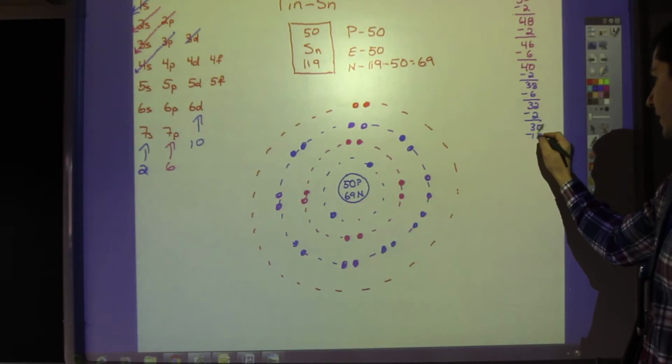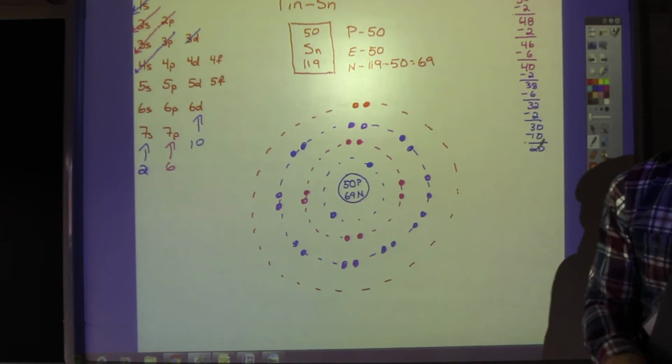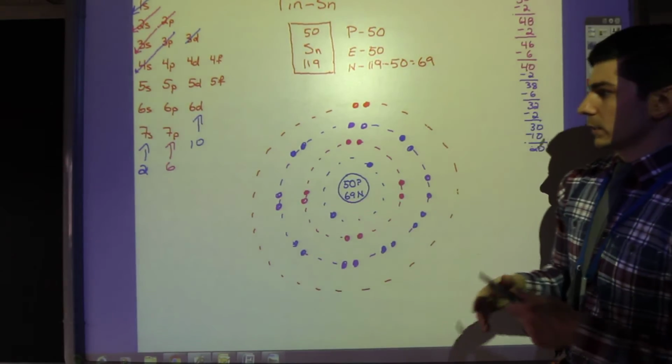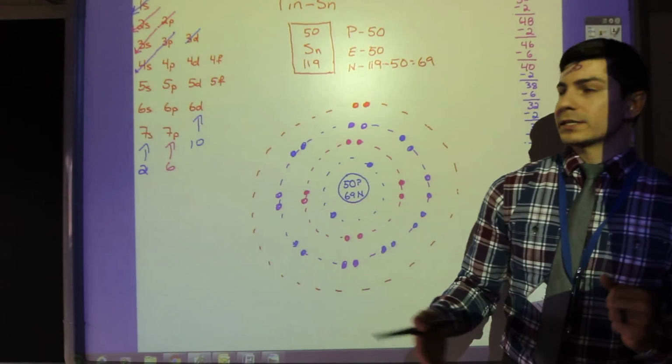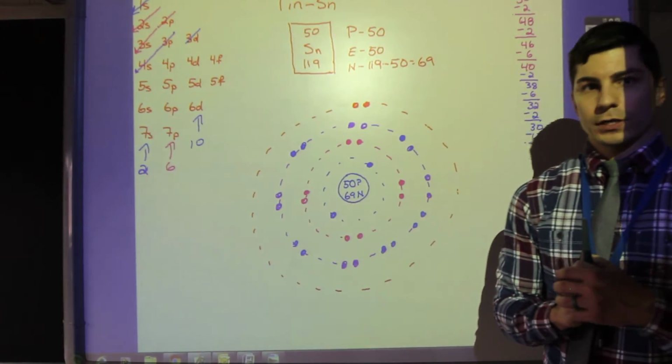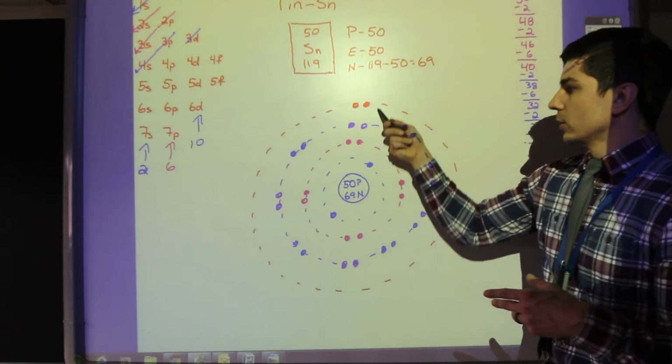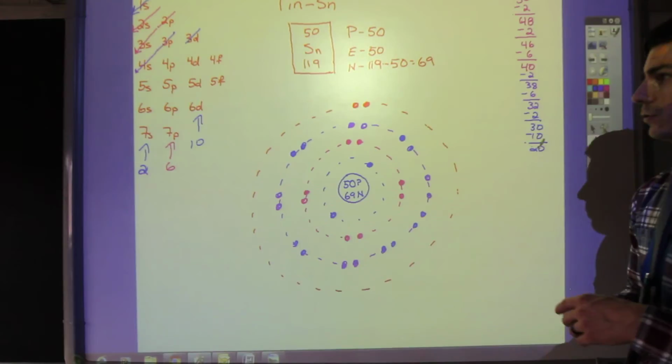Let me subtract my 10. I have 20 left to put in. But that's the important part, guys, is really knowing that, hey, I was at 4s, but I got to go backward because I went to 3d. That's my next orbital for the arrows. So you got to go back and make sure you do that.